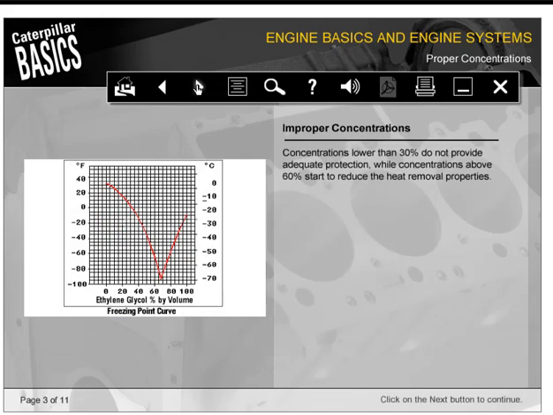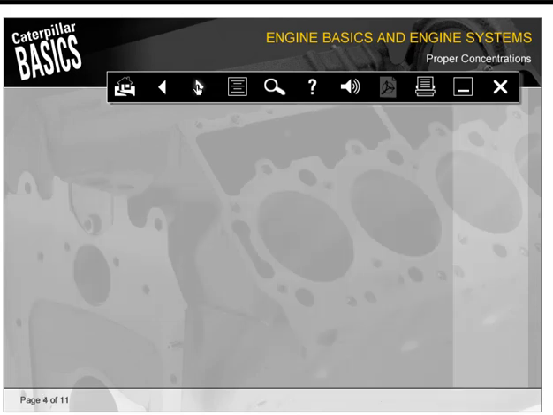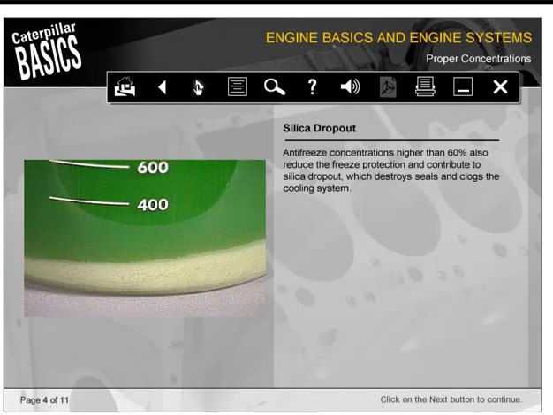Concentrations lower than 30% do not provide adequate protection, while concentrations above 60% start to reduce the heat removal properties. Antifreeze concentrations higher than 60% also reduce the freeze protection and contribute to silica dropout, which destroys seals and clogs the cooling system.